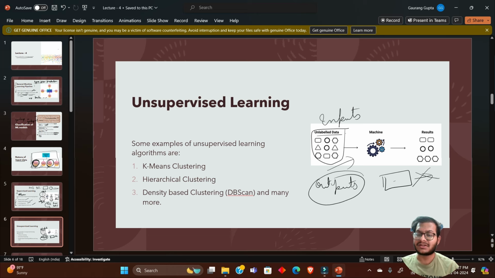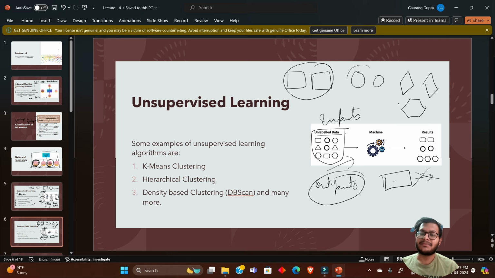No, this is not the expected output. The expected output is that if I give two rectangles, two circles, and one diamond, let's suppose two diamonds and one hexagon, it should put each one of them in a separate group.